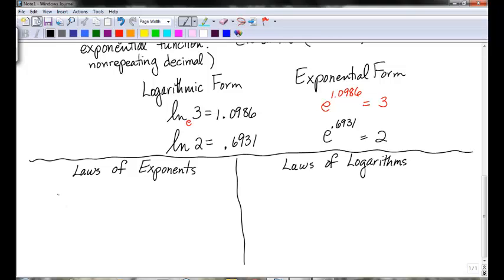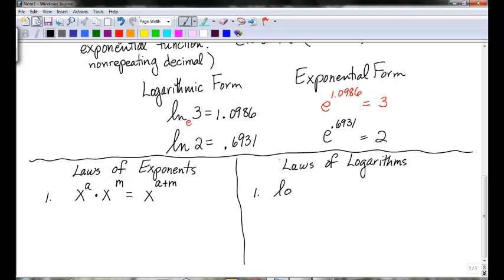There are three laws. First one, if I take x to the a power times x to the m power, when you multiply monomials and the bases are the same, what do you do with the exponents? You add them. So x to the a plus m power. That parallels the laws of logarithms.